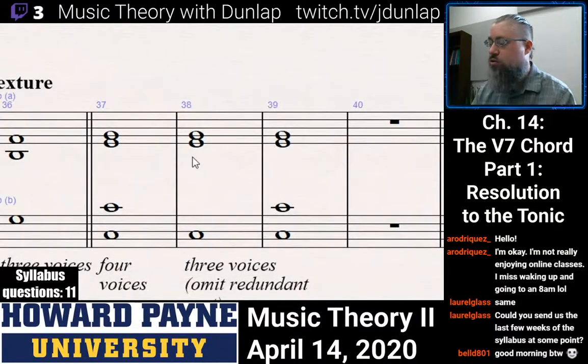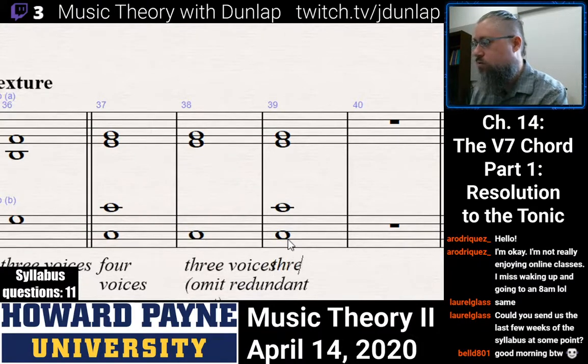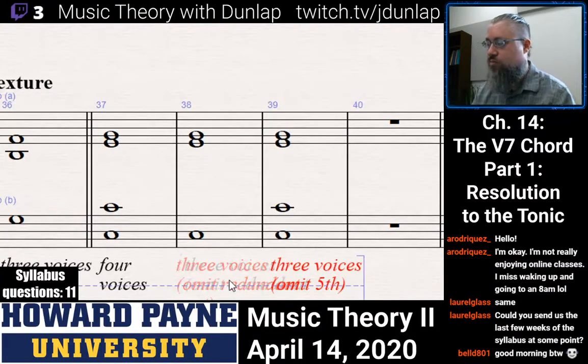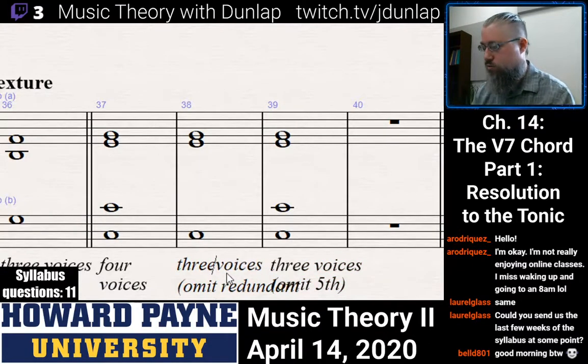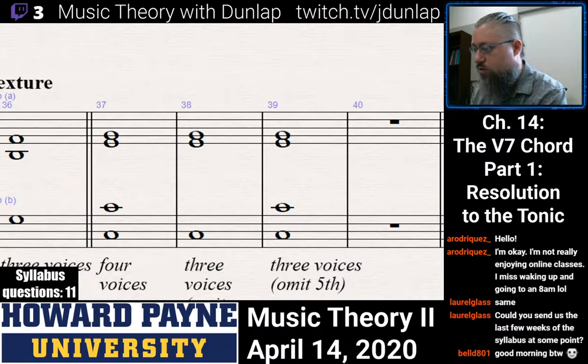That's a CEG chord. That's complete voicing. And over here, we're gonna omit the fifth. This is ugly. There we go. That works.